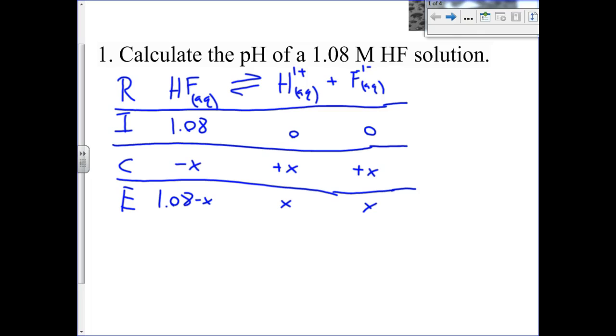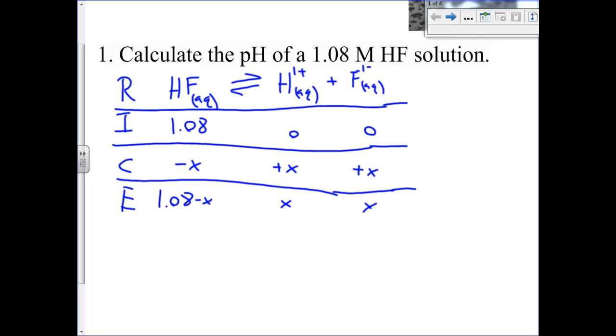With the water example, when we set up our ice table, we needed our Kw. We needed to use that 1.0 times 10 to the negative 14th. With hydrofluoric acid, what do you think we should use for the value? The Ka of hydrofluoric acid. That's what we need.